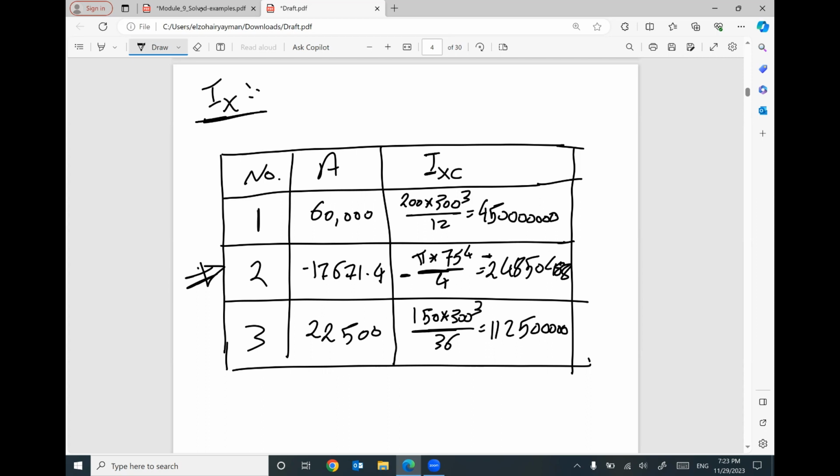Here you go. Then I will add another 2 columns, one for distance and one for area times distance squared.